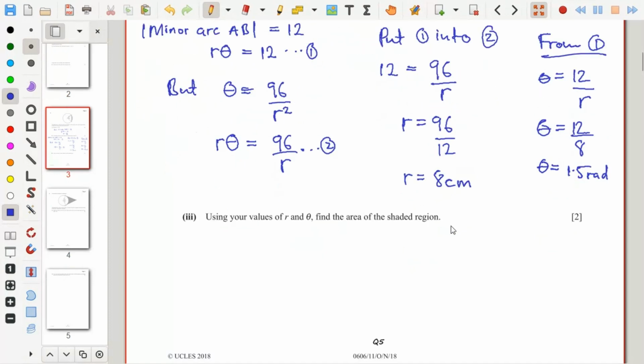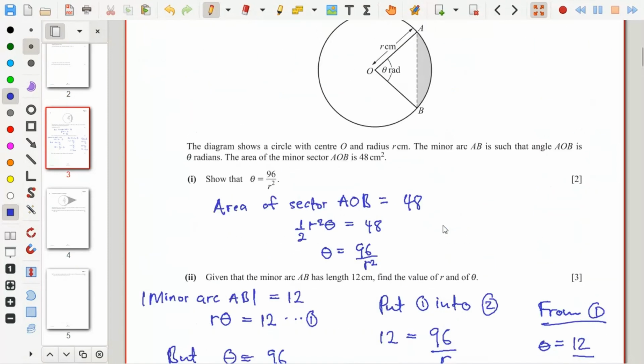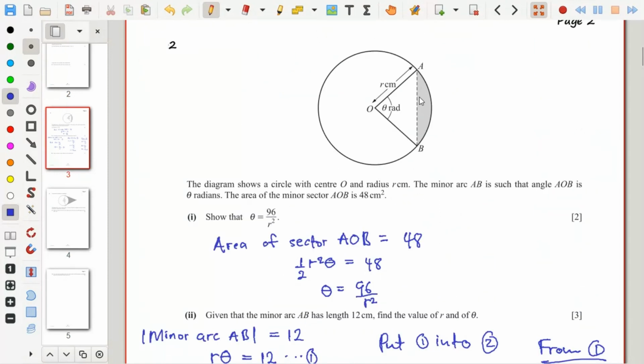Using your r and theta, find the area of the shaded region. Okay, so let's go and look at the region they're talking about. The region they're talking about is a segment. You can see it for yourself. This is a segment, okay?